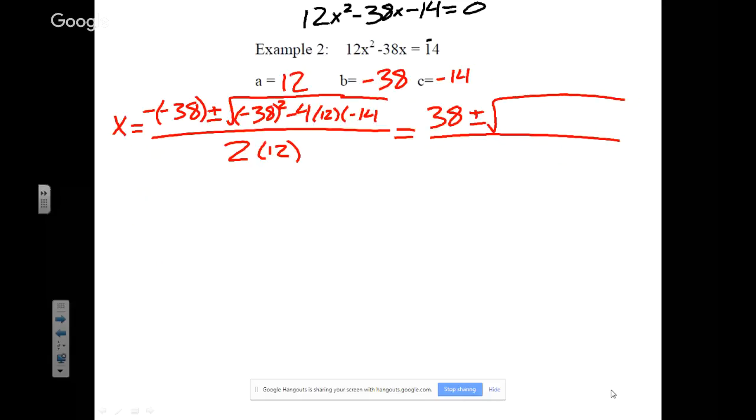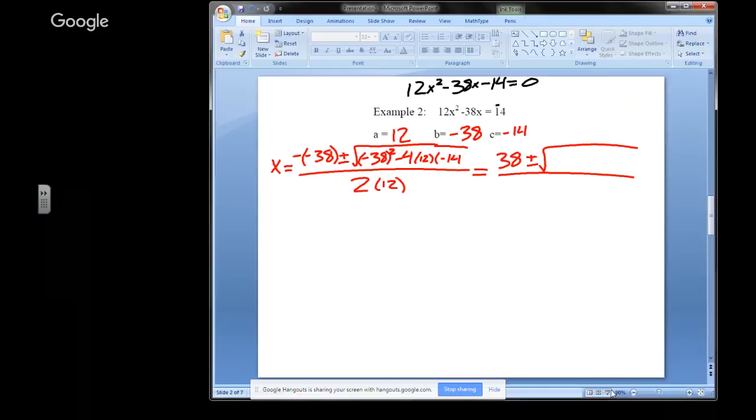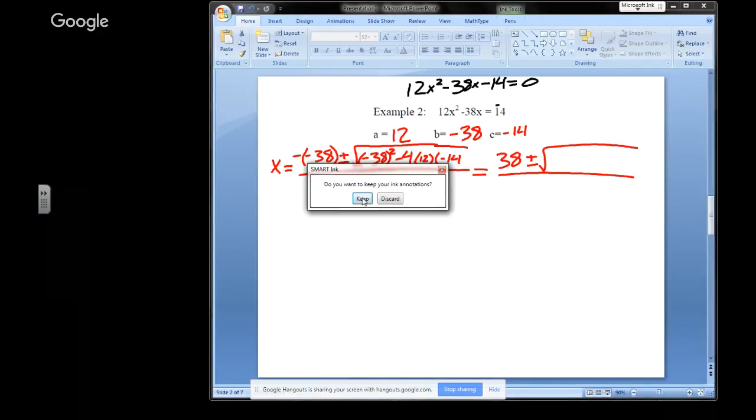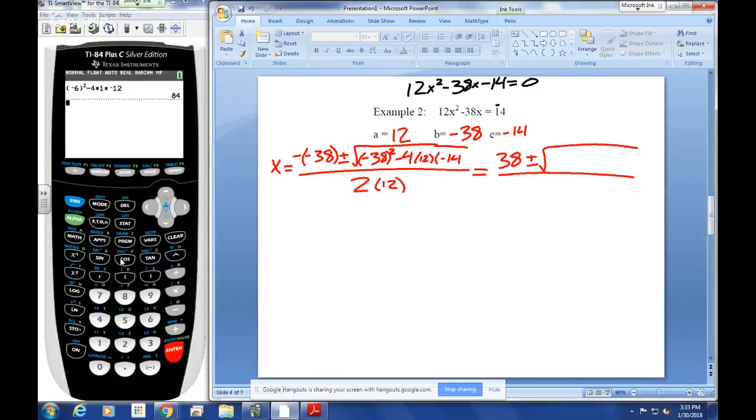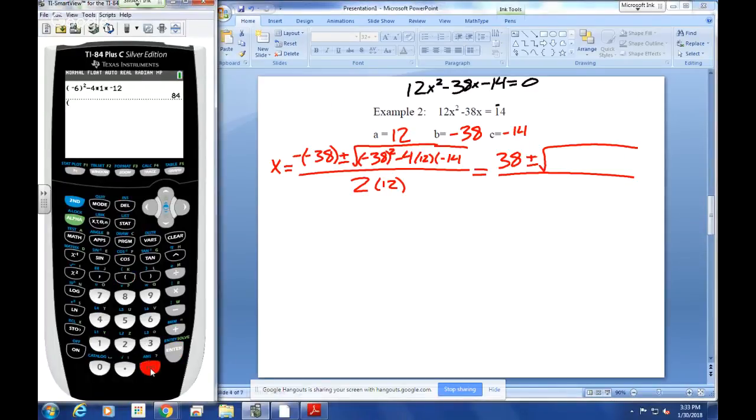So we're going to go back to the calculator, and we're going to want to type in negative 38, and we're going to square that, minus 4 times 12 times negative 14.